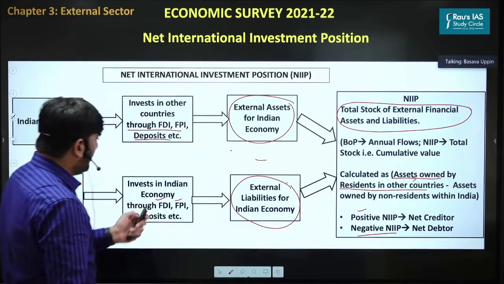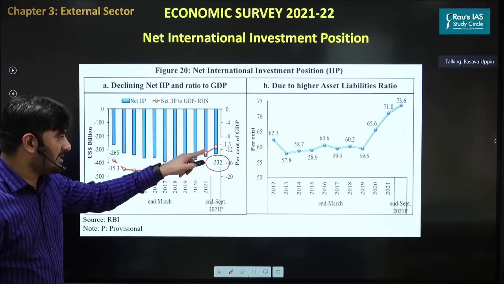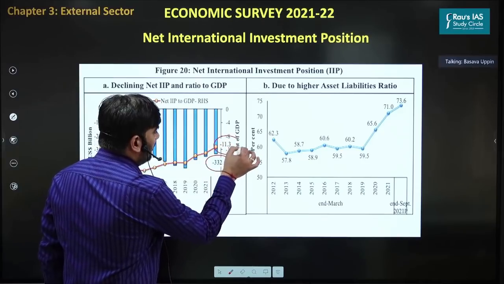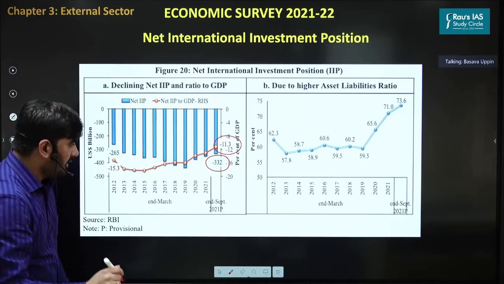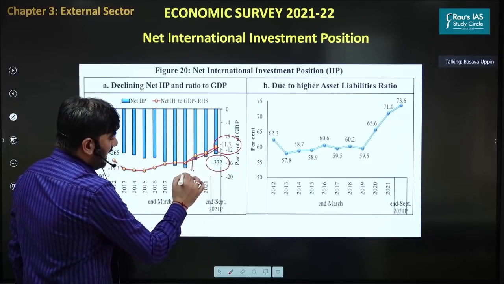So the NIIP for India is minus 332, which when expressed as a percentage of GDP is minus 11.3. But one important thing here is, as you can see, in the last 4 to 5 years, NIIP has seen a decline.